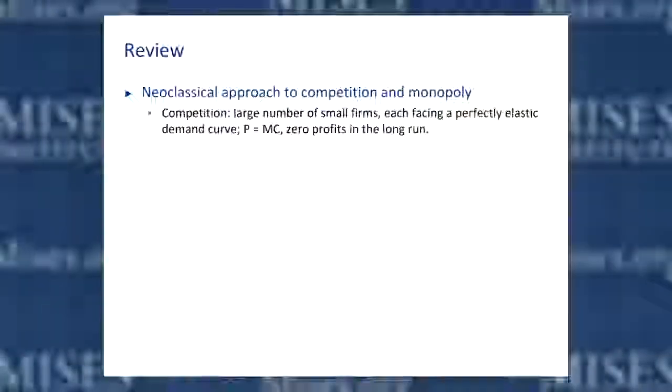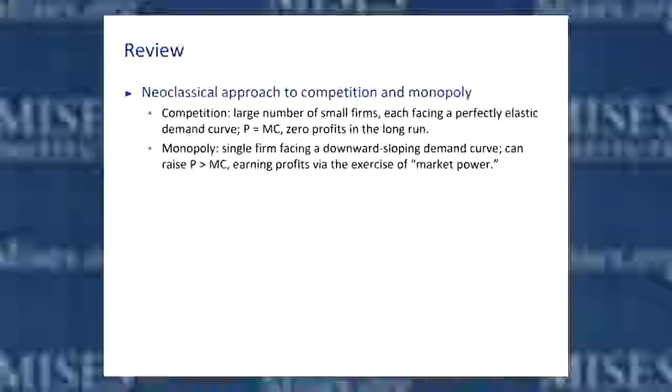In the neoclassical approach, competition is a scenario in which you have a large number of very small firms, each of which faces a perfectly elastic demand curve for its product. In other words, each firm can sell as much or as little as it wants at the going price without influencing that price at all.